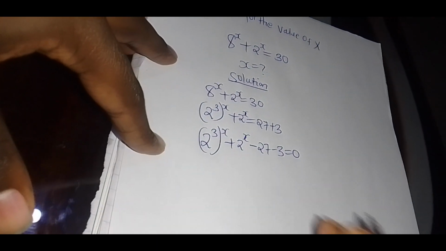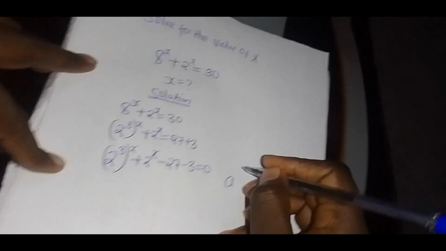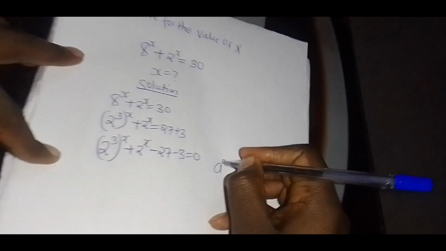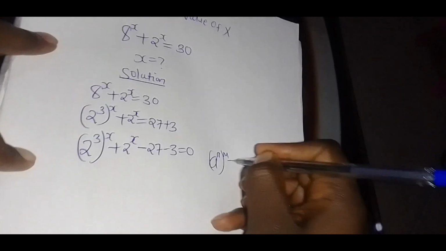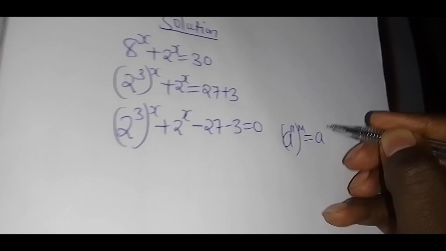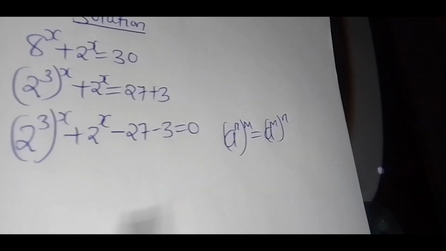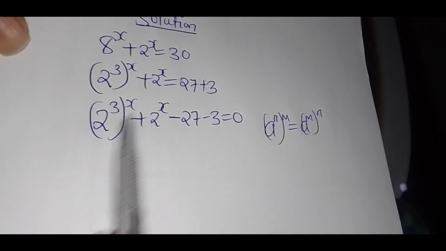Now applying the identity, we have the identity that a raised to power n multiplied by m is the same as a raised to power m multiplied by n. We apply this identity to 2 raised to power 3 multiplied by x.